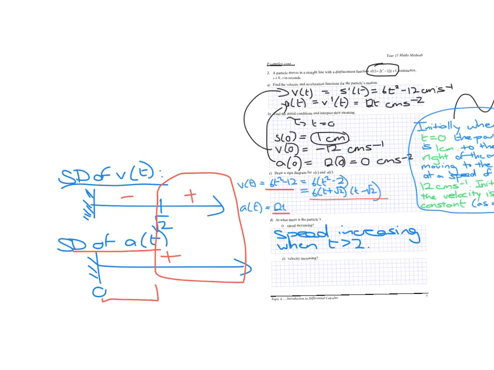When is the velocity increasing? Really important thing, velocity only increases when the acceleration is greater than 0. Okay? When the acceleration is positive, the velocity is increasing. So that's when we have to look at A of t only.